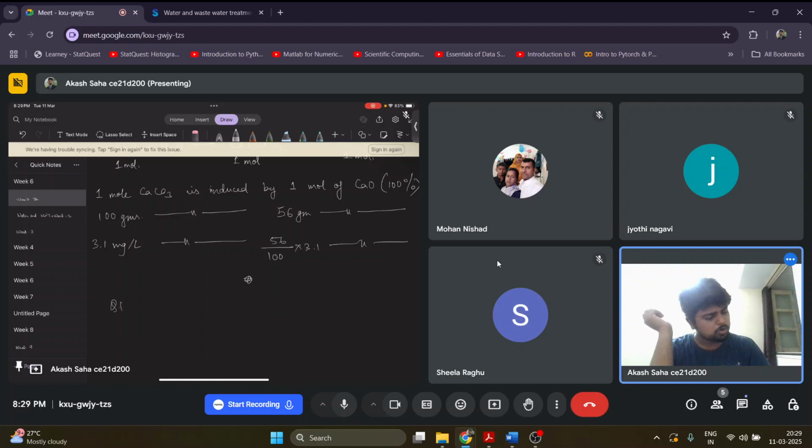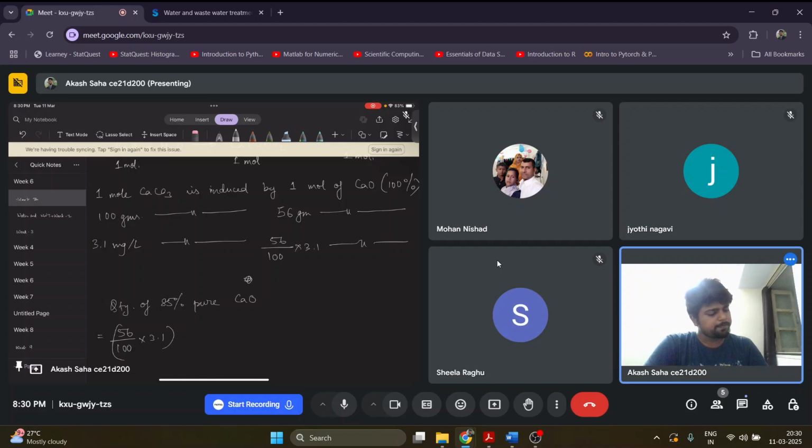Now the quantity of 85% pure CaO will be equal to this number, whatever number we got, in milligram per liter.